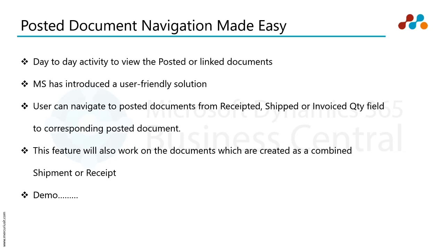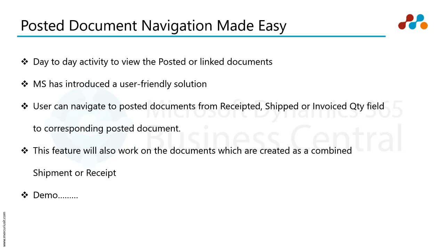Up till now, we had the option to either navigate or find entries, and through that a user had to navigate to the posted documents. Now with this release, Microsoft has added a small but useful feature on the invoiced quantities, received or shipped quantities on the sales and purchase documents, from where you can directly navigate to the posted documents.